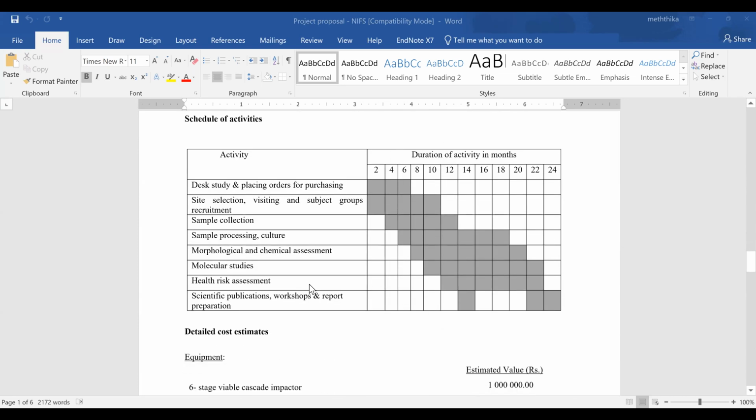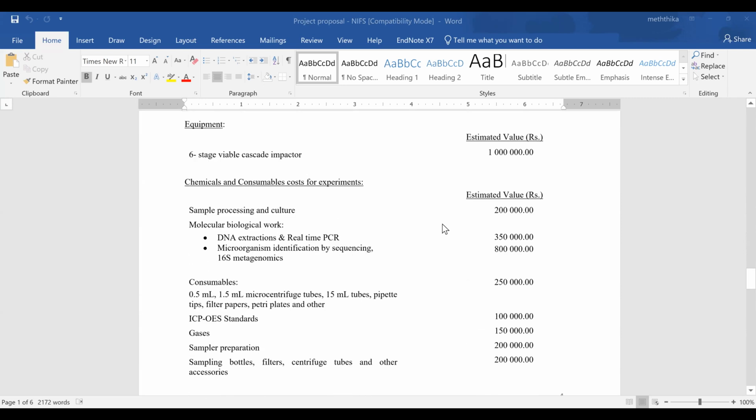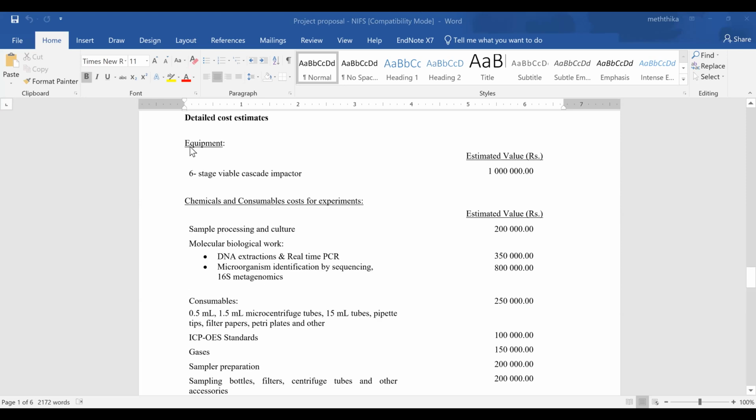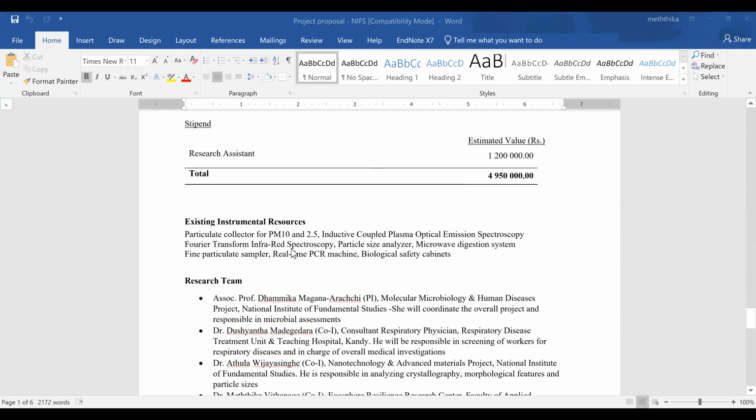And then again, the Gantt chart. Then comes the budget. The budget has been categorized into equipment, chemicals and consumables, and so on, travel, stipend, and so on. Then existing instrument resources, where we give the capability here: what do we have in our own laboratories.